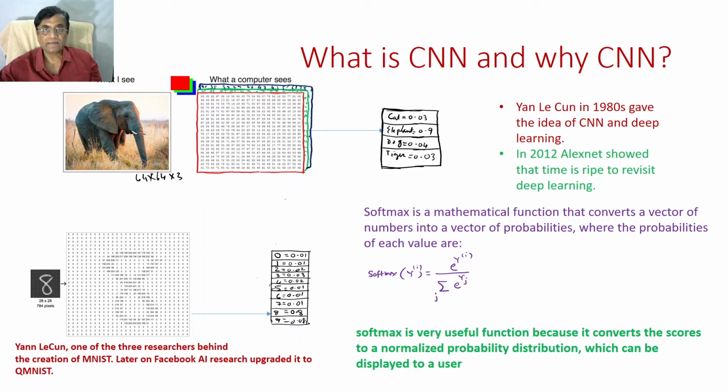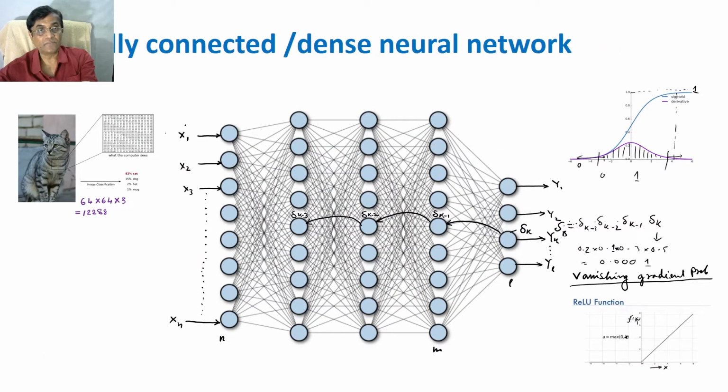After doing the convolution operation and the associated operations, layer after layer, it tries to capture the features which earlier we were capturing somehow, right?